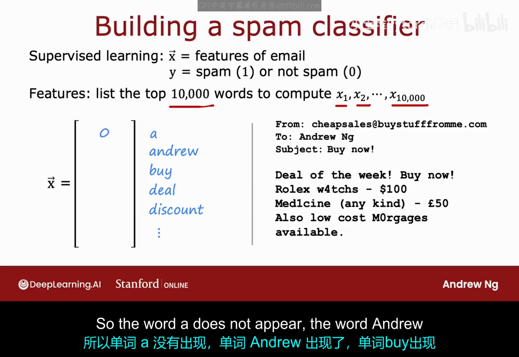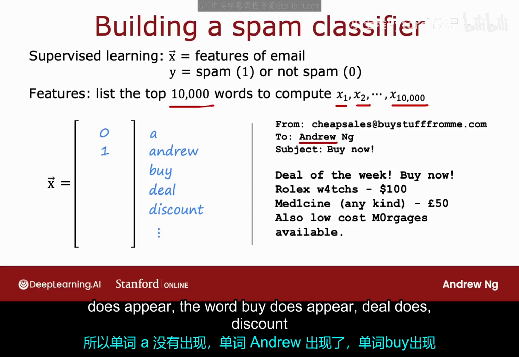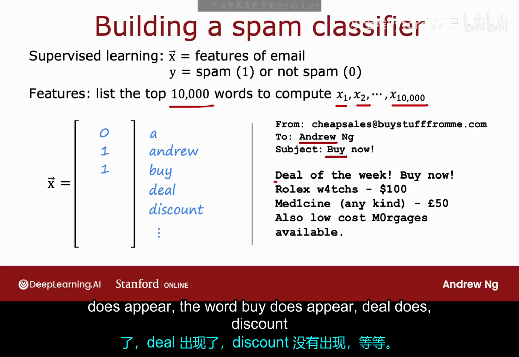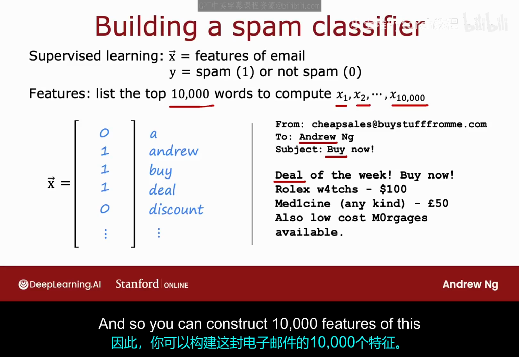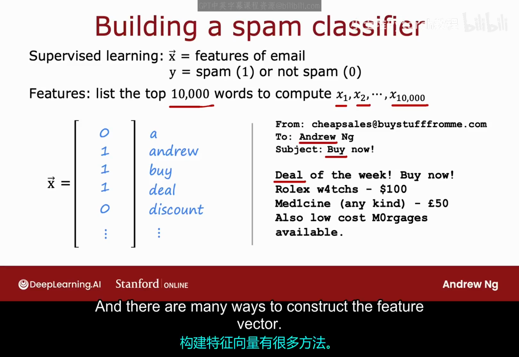So the word A does not appear. The word Andrew does appear. The word buy does appear. Deal does, discount does not, and so on. And so you can construct 10,000 features of this email. And there are many ways to construct the feature vector.